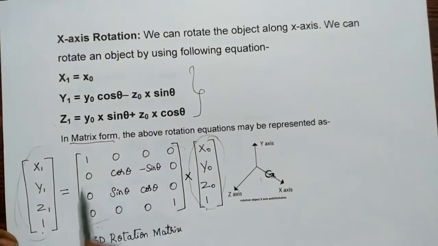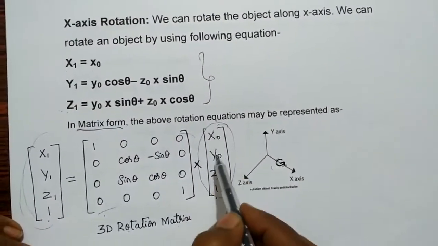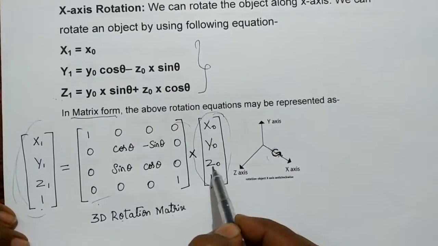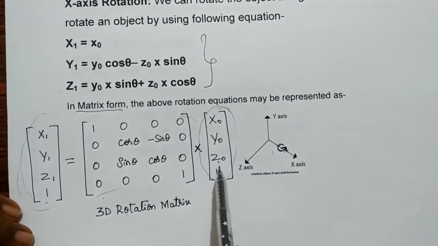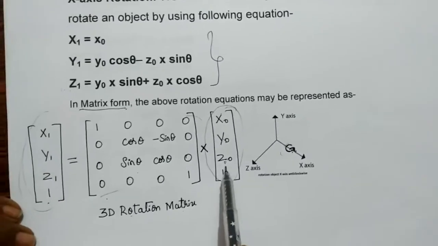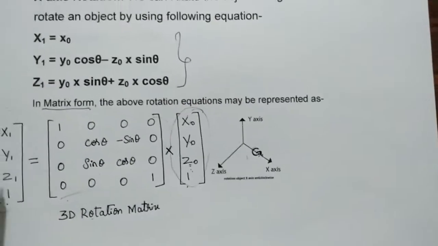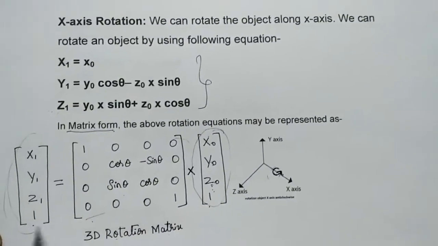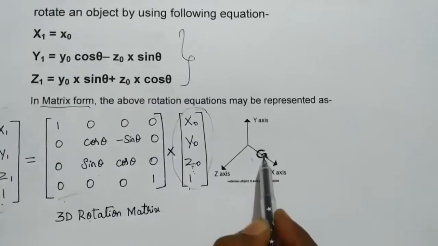This is a rotation matrix, and x0, y0 and z0 are the initial values of the object before rotation. By multiplying the rotation matrix and the initial coordinates of an object, we get the new coordinates x1, y1, z1. This is the matrix form we can use for rotating an object along the x-axis.